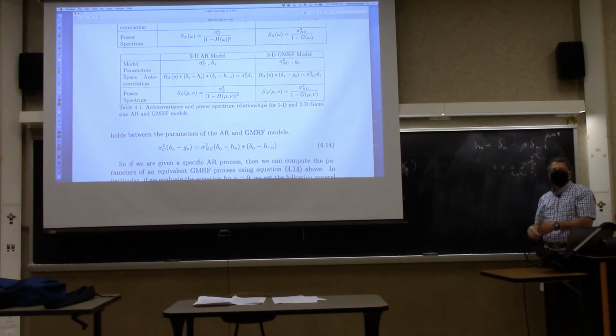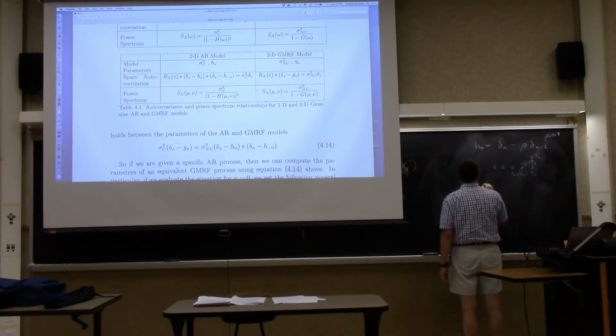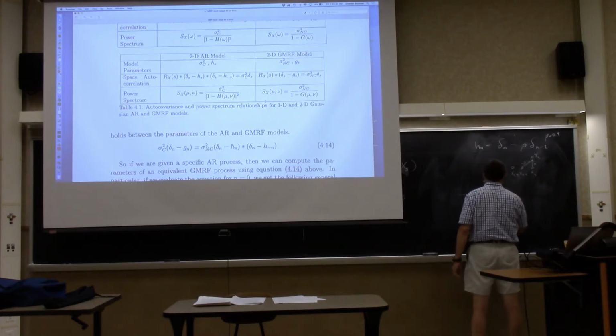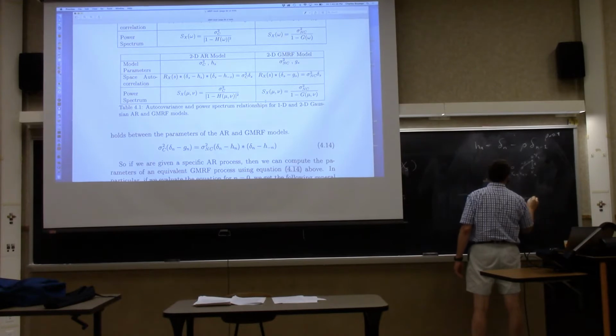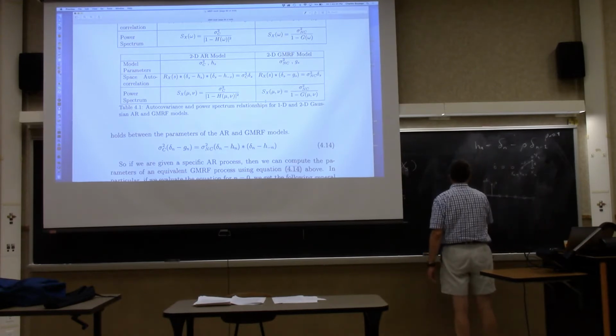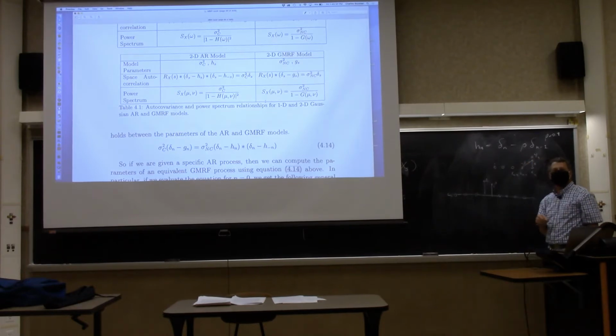So your prediction of the next value is 90% of the previous value. That's pretty simple. So the impulse response looks like this: this is 1 and this is rho.